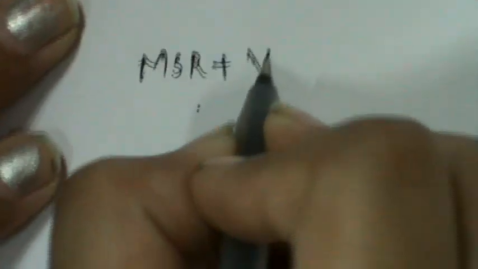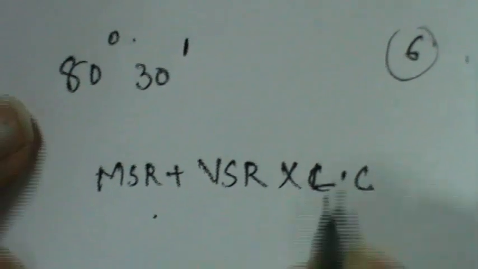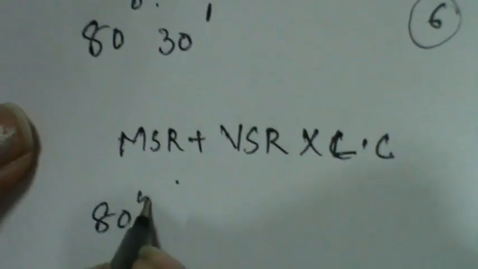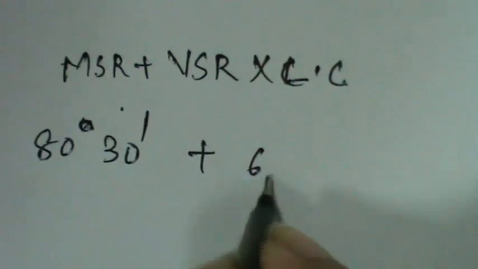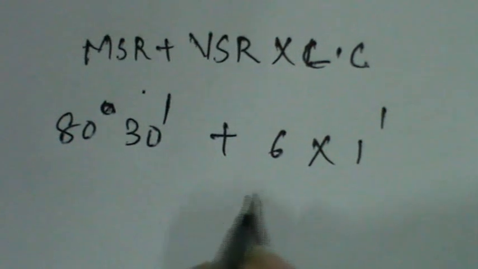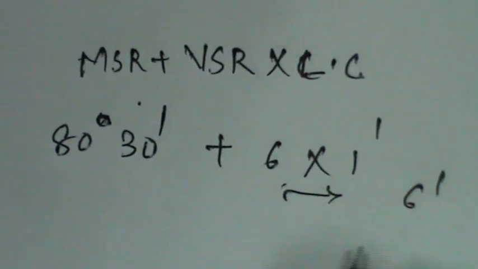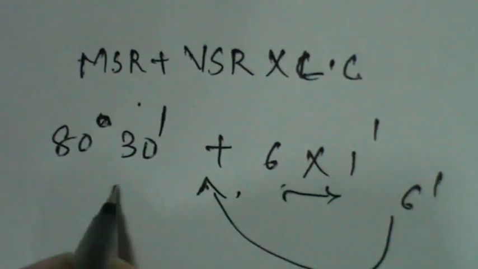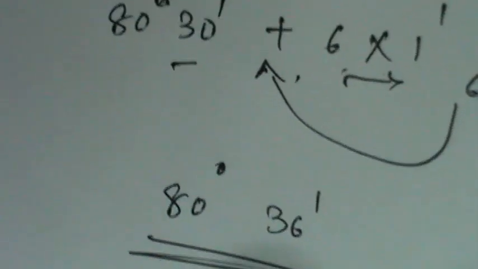Then you will write down the vernier scale division into LC. So this is your 80 degree 30 minutes plus vernier division 6th one is coinciding into LC is 1 minute. So this will give me 6 minutes. This 6 minutes will be added to this. So we'll have total reading 80 degree and 36 minutes.